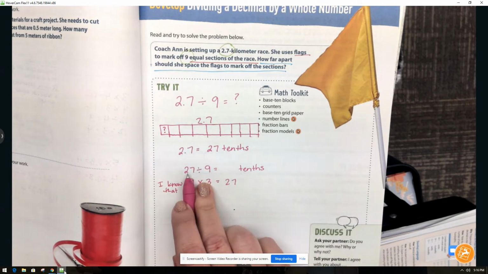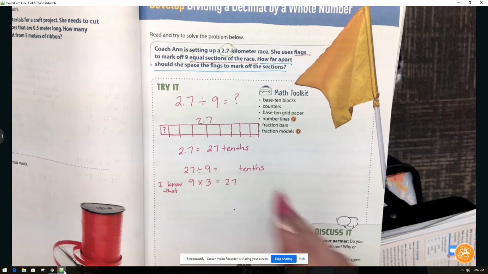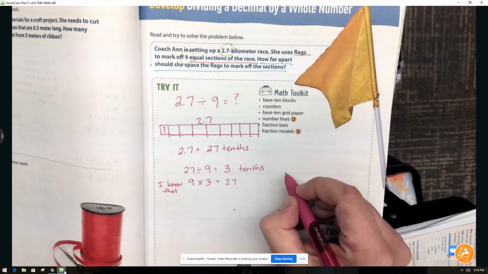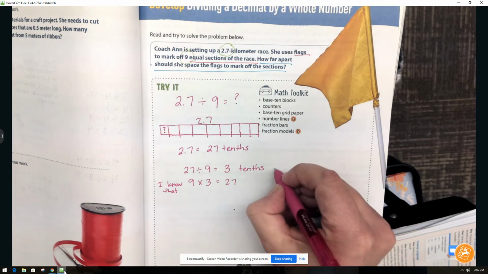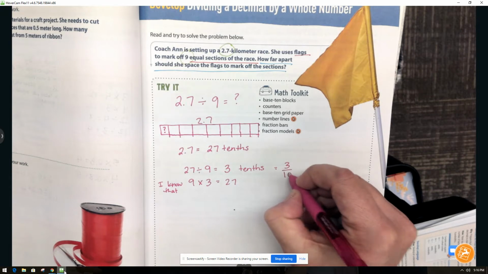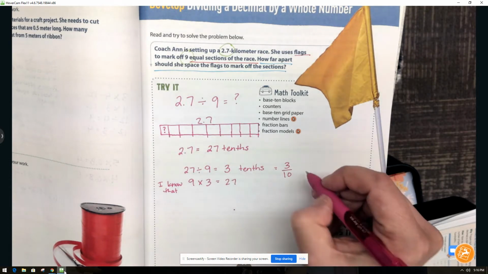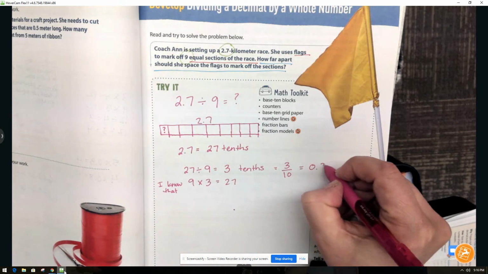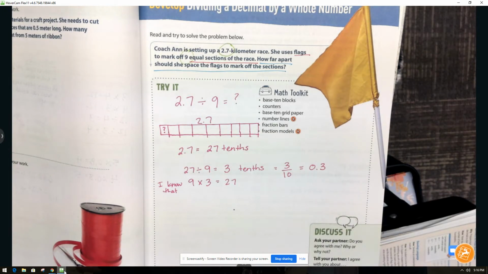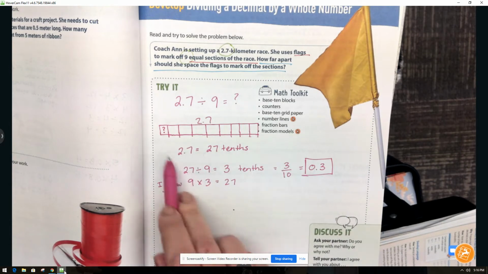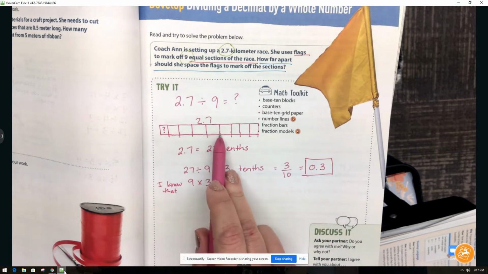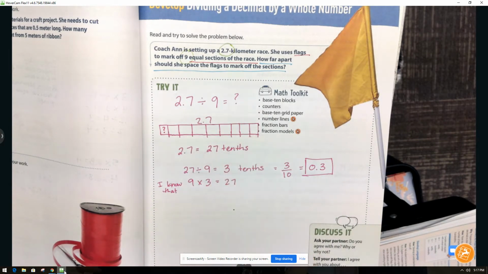Now, 27/10 divided by 9 equals 3/10. So then our answer, how would we write 3/10 as a decimal? So our answer is 3/10. Each of these lengths is 3/10 long.